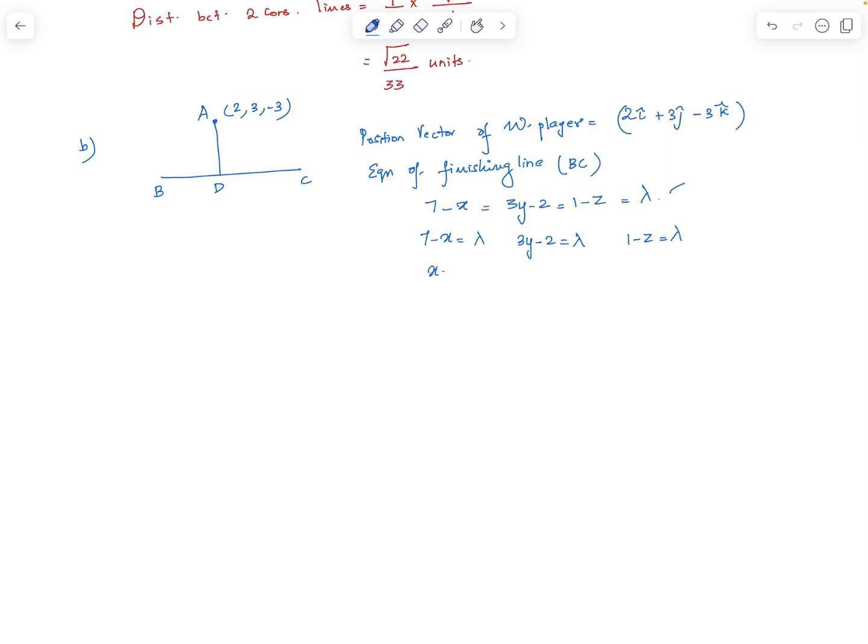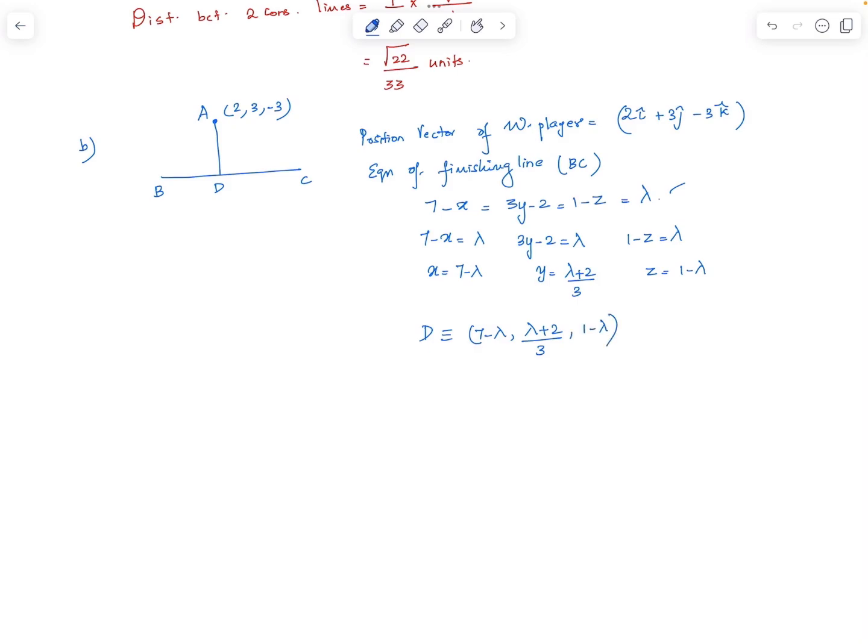So from this we get x as 7 minus lambda and y as (lambda plus 2) upon 3 and z is 1 minus lambda. The coordinates of D are (7 minus lambda, (lambda plus 2) by 3, 1 minus lambda).